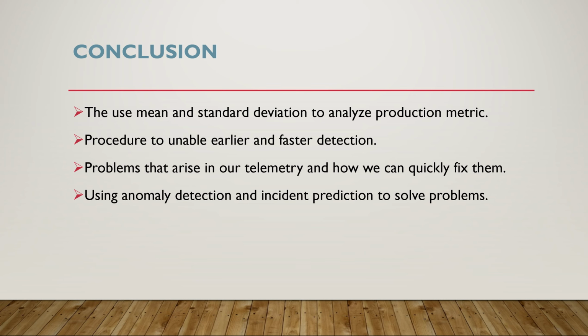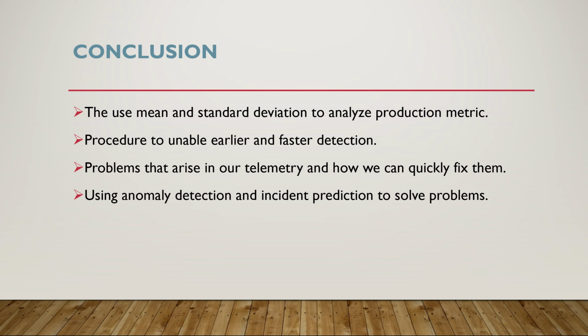So in conclusion, we use the mean and standard deviation to analyze production metrics. We want to stay in the average, and we want to not deviate too much. When there are outliers and something goes wrong, we need to be alerted.